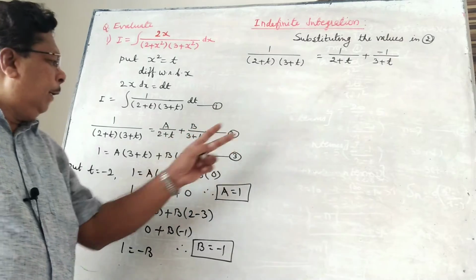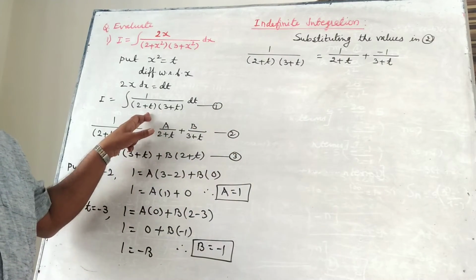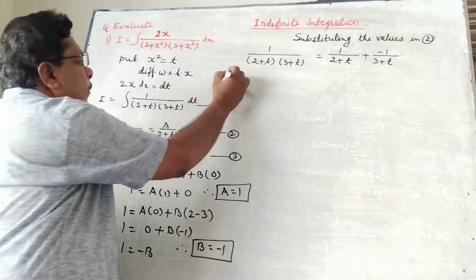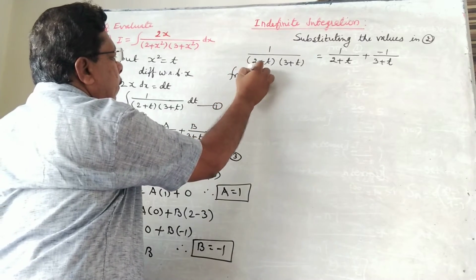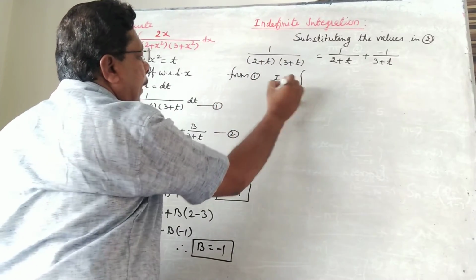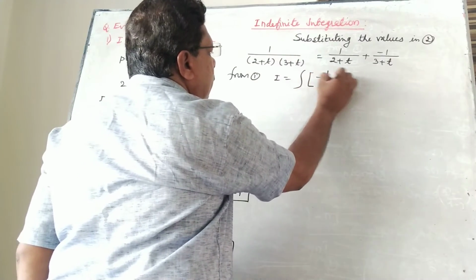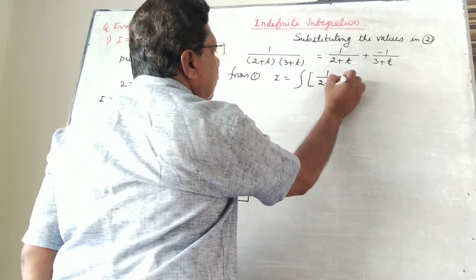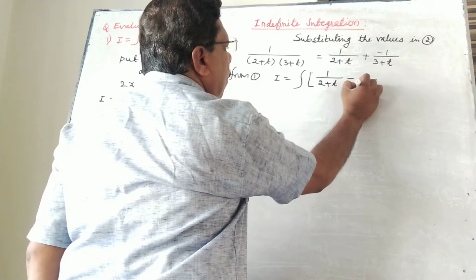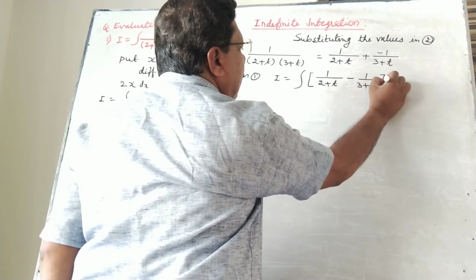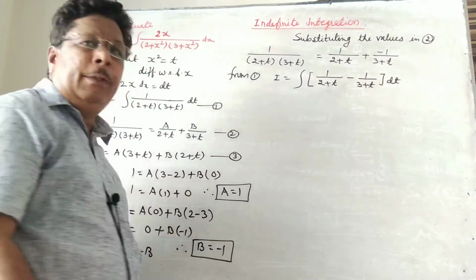LHS is our given integral. So from 1, I is equal to integration of 1 upon 2 plus t minus 1 upon 3 plus t dt.